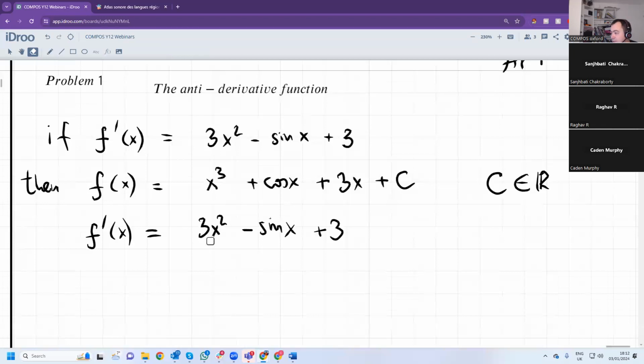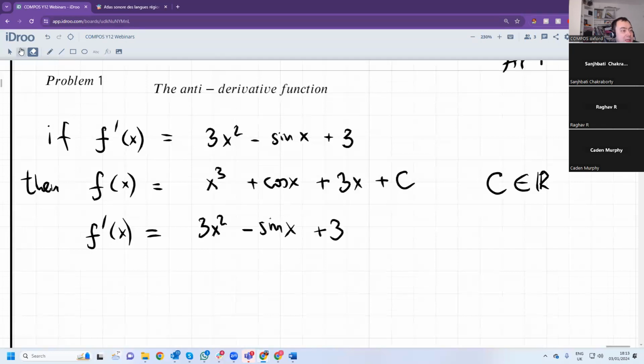Do you understand that much? Okay. Now, when you do integration, you need to do the opposite. You have the derivative, and you need to work out the original function. Does that make sense?